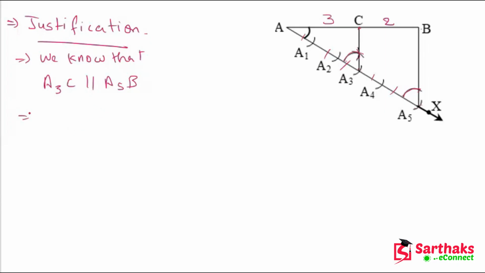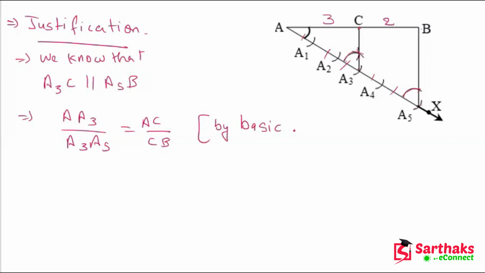So now we can write A3 upon A3A5, which is equal to AC upon CB, by the basic proportionality theorem.